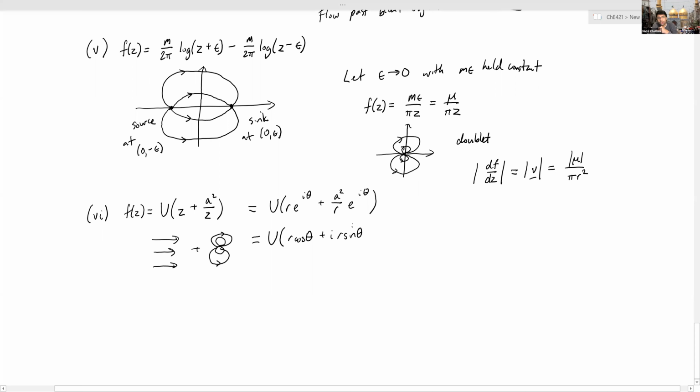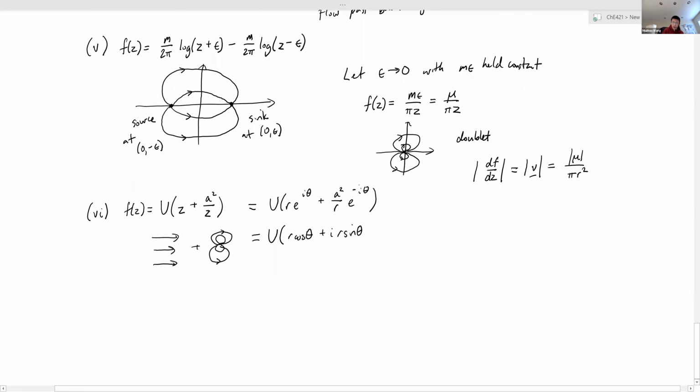Is the i theta in the denominator for the first thing, or is it in the numerator? Should be a negative, my bad. 1 over z is just 1 over r times e to the negative i theta, because 1 over z here is 1 over r e to the i theta. And so this is 1 over r e to the negative i theta. That's where this comes from, and I just messed up because I forgot to write the negative sign there.